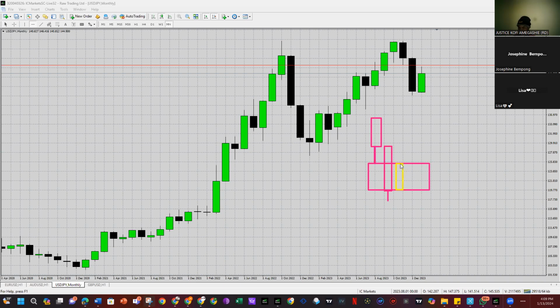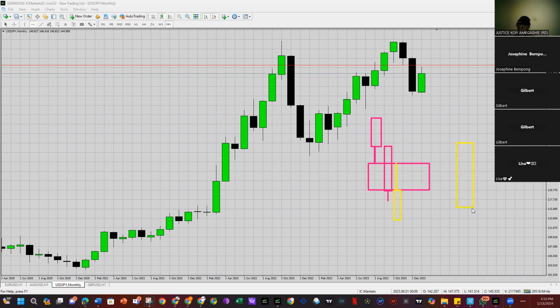So after filling the gap, it will become a tail like this and then move to form another candle, which will be a black candle like this. So this is what I'm expecting to happen to this at the end of the month. So this green candle should change to a black candle with a wick at the end of the month.